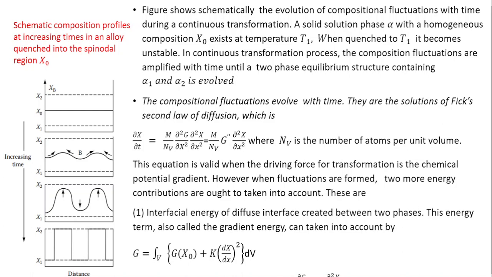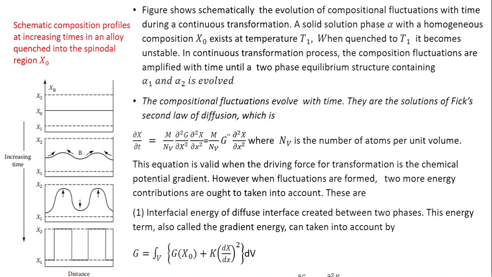The composition fluctuations evolve with time. They are solutions of Fick's second law of diffusion, which is ∂X/∂t equal to M over NV multiplied by ∂²G/∂X² multiplied by ∂²X/∂x².